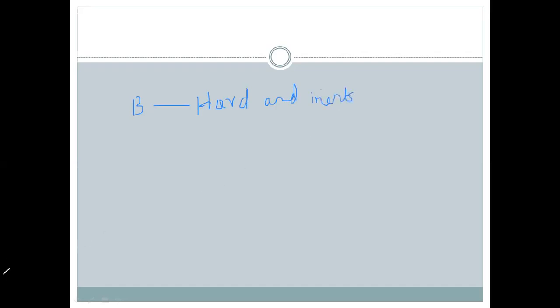And it is a poor conductor of electricity, a non-conductor, or I can say a poor conductor of electricity. Note it properly.